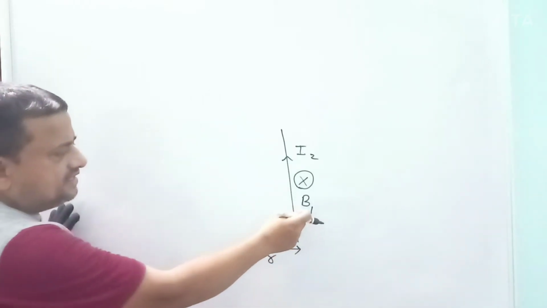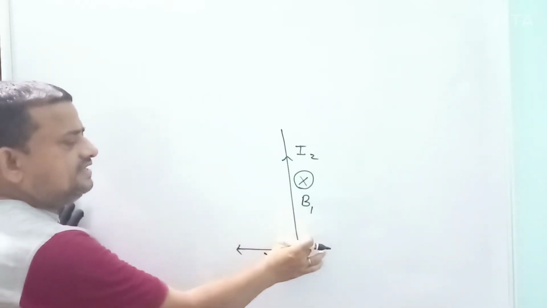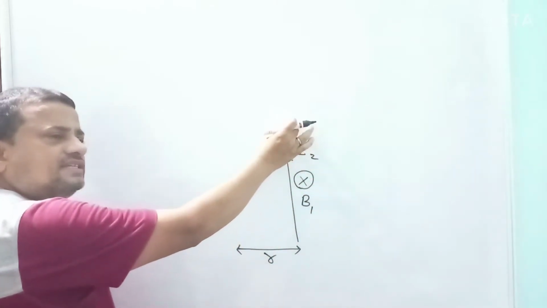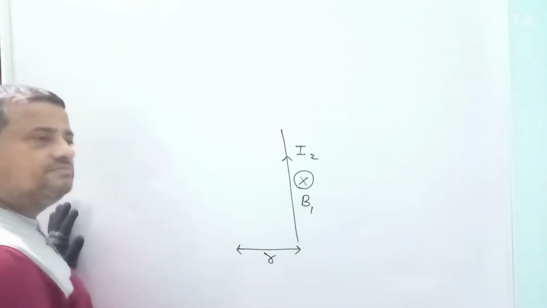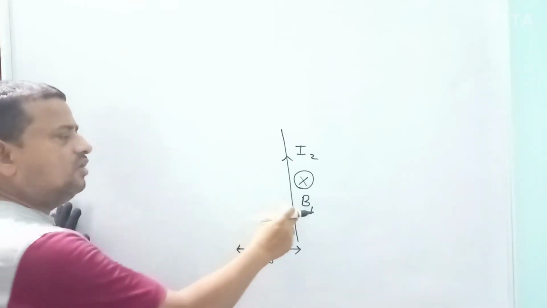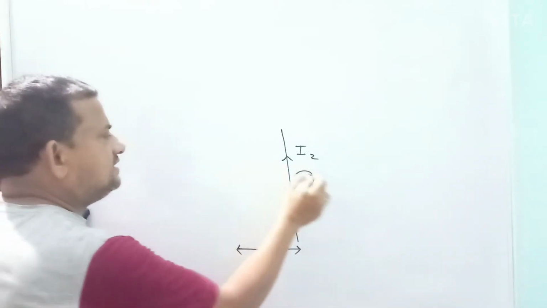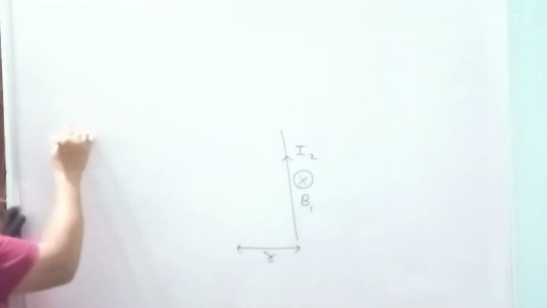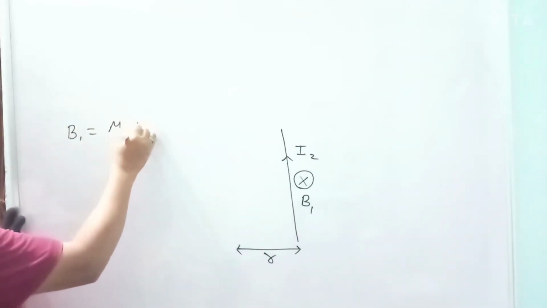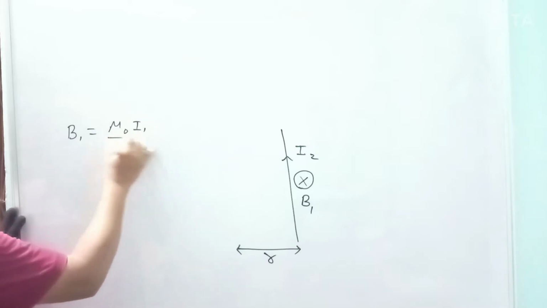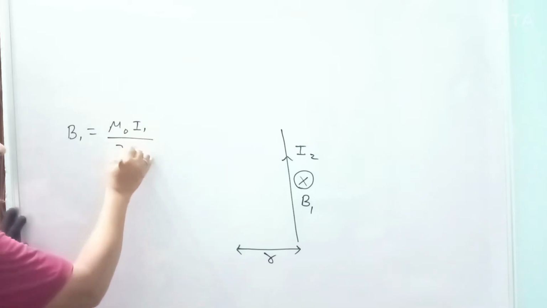So in this inward magnetic field, this current carrying conductor is placed. So what will happen? A force is experienced. First we have to find what B1 is, and B1 is equal to mu naught I1 divided by 2 pi r.